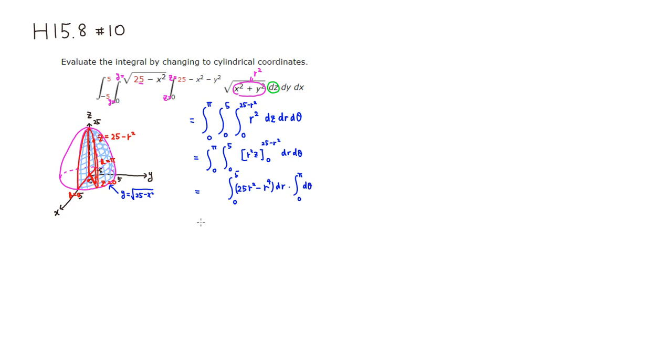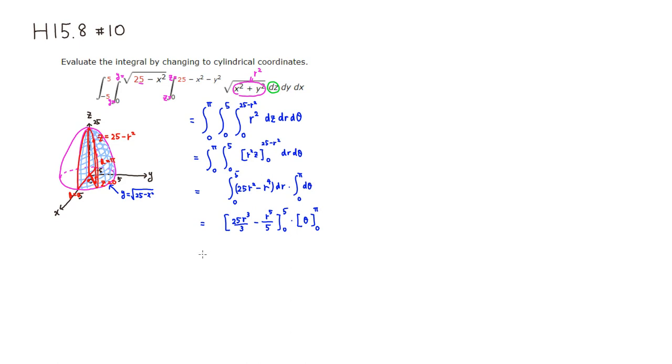Then we take the antiderivative: you have 25 r cubed over 3 minus r to the fifth power over 5, going from 0 to 5. And then multiply by the antiderivative of 1 with respect to theta, which is theta, going from 0 to pi.